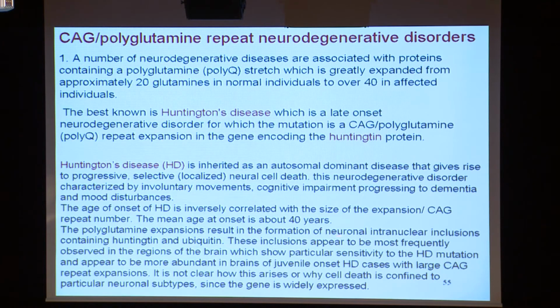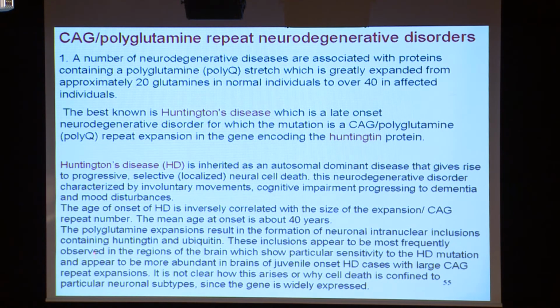these expansions result in formation of neuronal intranuclear inclusions, or polymers, of the Huntingtin protein inside the nucleus, and they contain Huntingtin and the protein ubiquitin, which is normally involved in cell protein turnover.